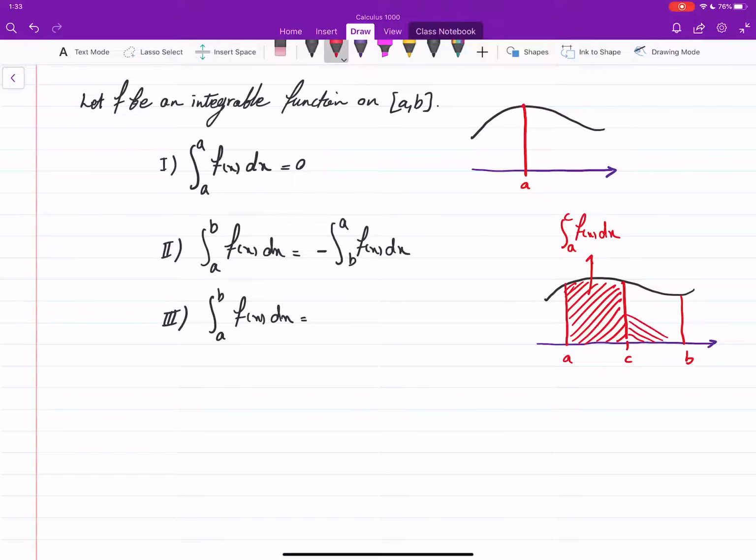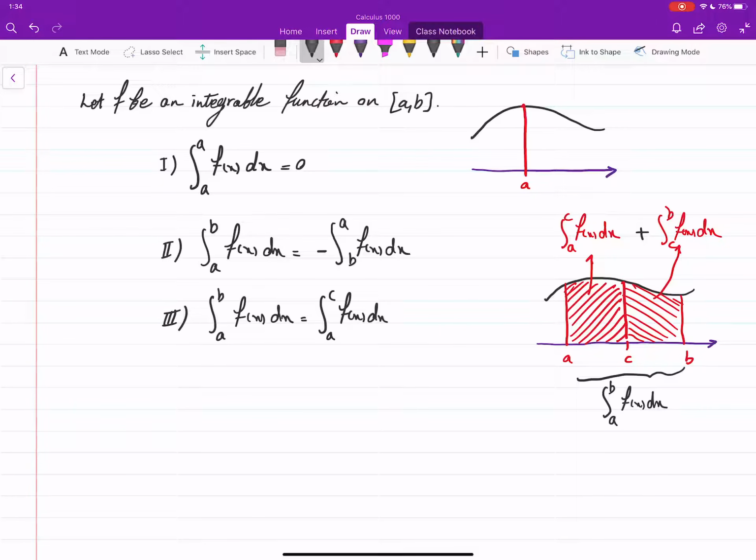And the other piece is going to be the integral from c to b of f of x dx. If you add these two, it will give you the same result as you integrated from a to b of f of x dx. In other words, you can always separate one integral into two pieces, or even more, if the upper limit of one appears as the lower limit of the other.